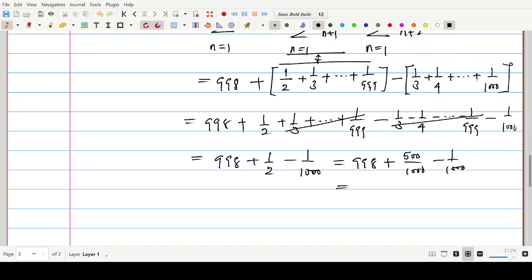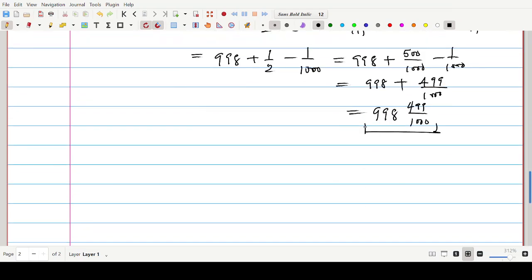Therefore, we have our result to be 998 plus 499 over 1000. Can you see that? Then we can write this as a mixed number, 998 and 499 over 1000. And this is the result. That is the sum.